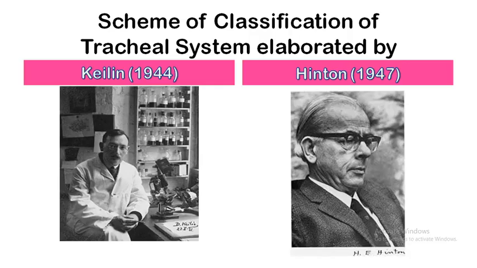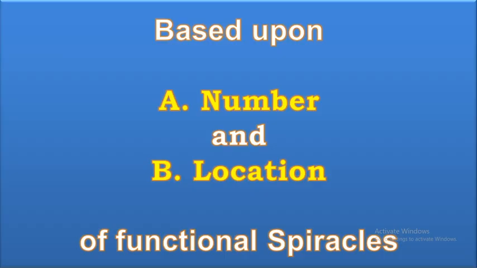Then this scheme of classification of tracheal system was given by two eminent scientists, Keilin and Hinton. They were fellows of the Royal Society. The base for the classification of tracheal system is the number and location.